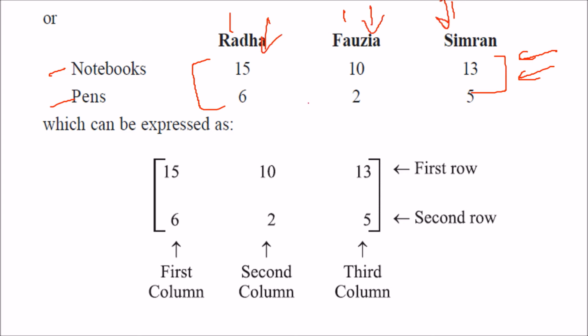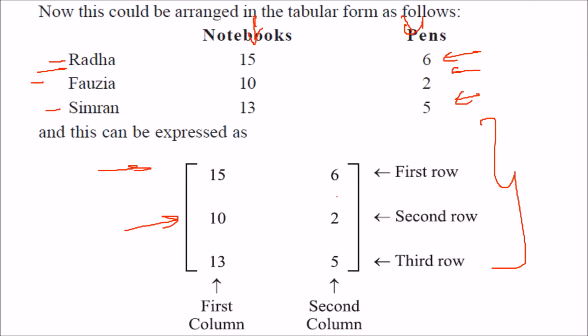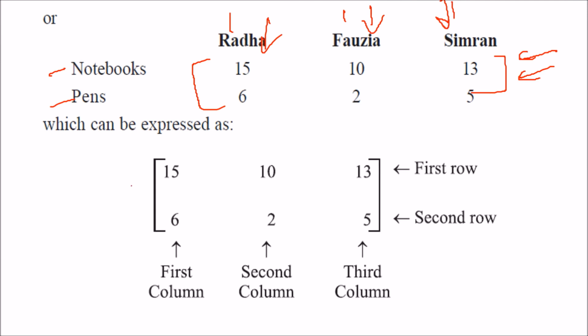So in the previous one, it was 3 rows and 2 columns. Let us write it like this. Here we have 2 rows and 3 columns, right? Similar information, similar way, but the representation is different.